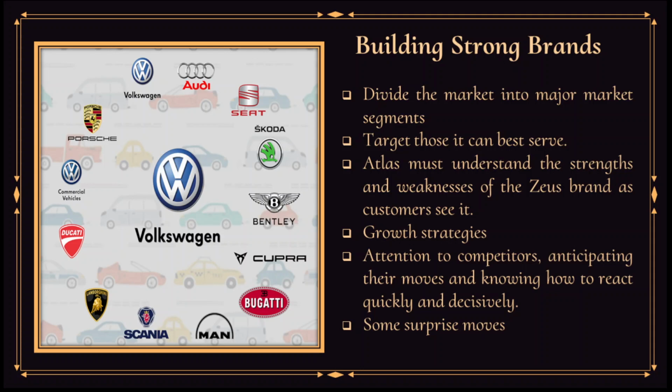Should it position itself as the Cadillac brand, offering superior cameras at a premium price with excellent service and strong advertising, or should it build a simple, low priced camera aimed at more price conscious consumers, or something in between? Here the company must understand the strengths and weaknesses of the brand as consumers see it. Is its 35 mm film heritage a handicap in the digital camera market?